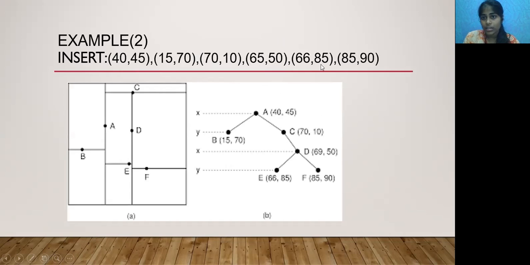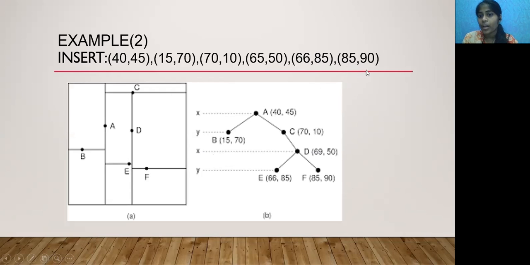And now 66,85. 66 is obviously greater than 40, so it comes under the right side. When we compare 85 with 50, here we have to compare x. 66 and 65: 66 is greater than 65, so it goes to the right. And for the last one, 85,90: 85 is greater than 40, so it comes under the right subtree.